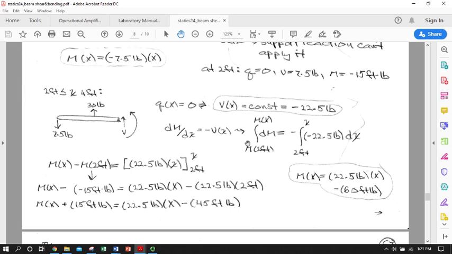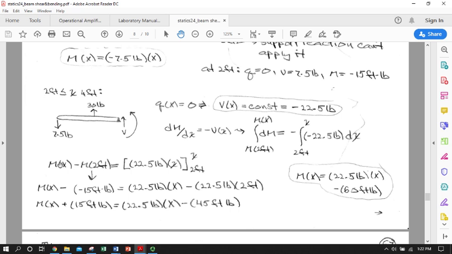And this time I'm going to integrate according to limits rather than throwing out a constant. So I'm going to integrate from 2 feet to any x on both sides. So I'm going to go from the moment at 2 feet to the moment anywhere, and I'm going to integrate this side from x equals 2 feet to x equals any x.